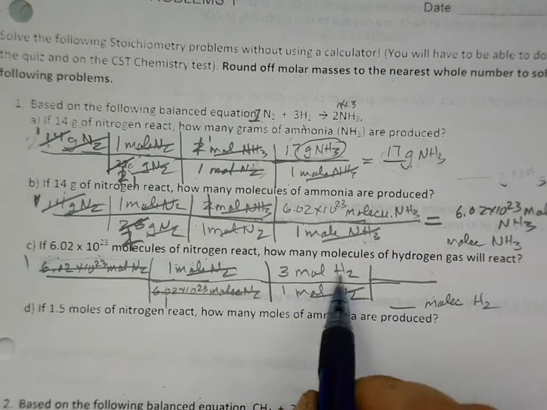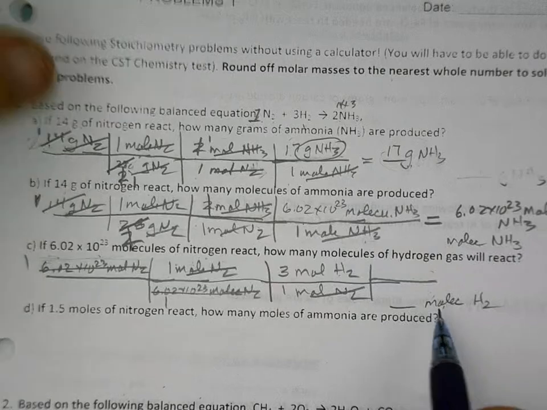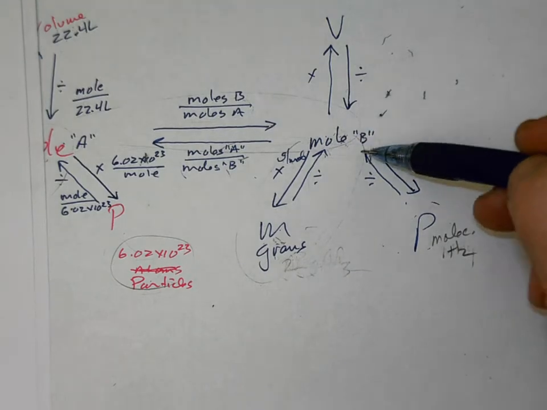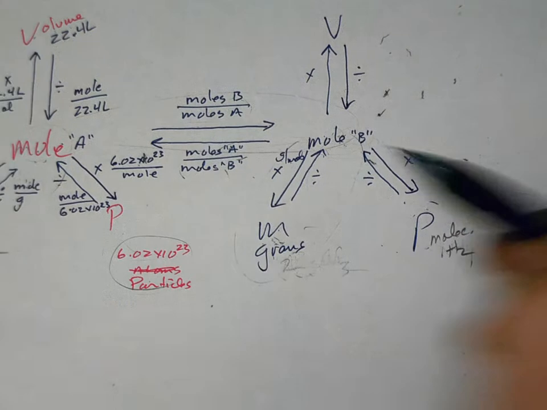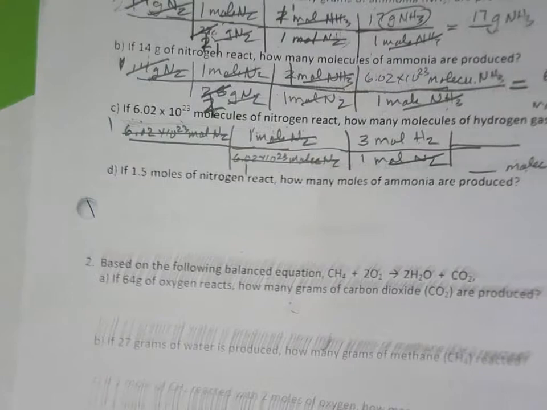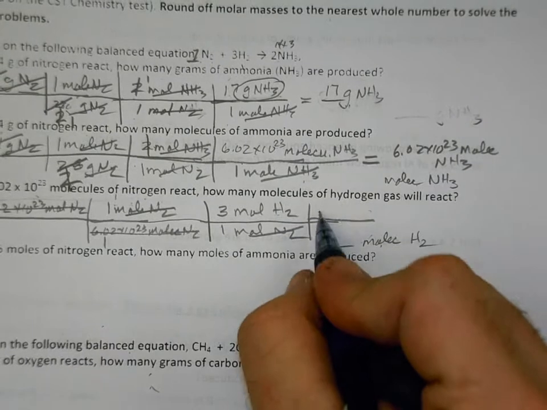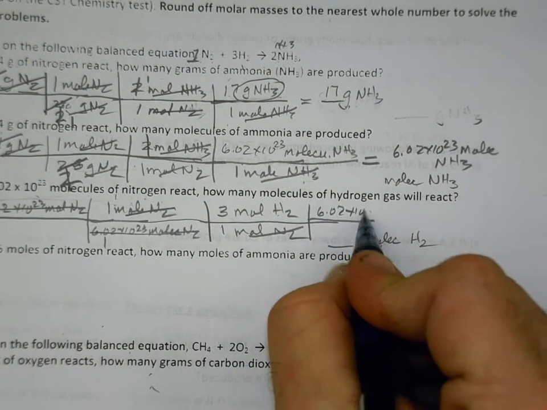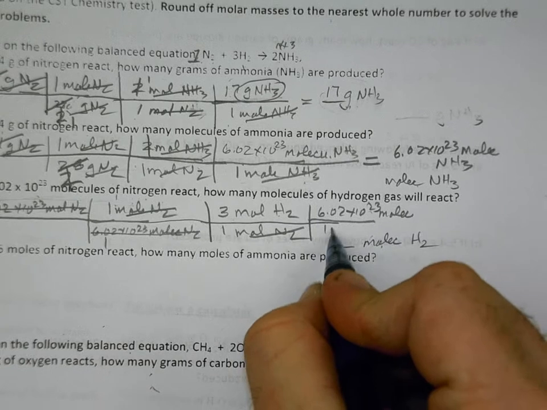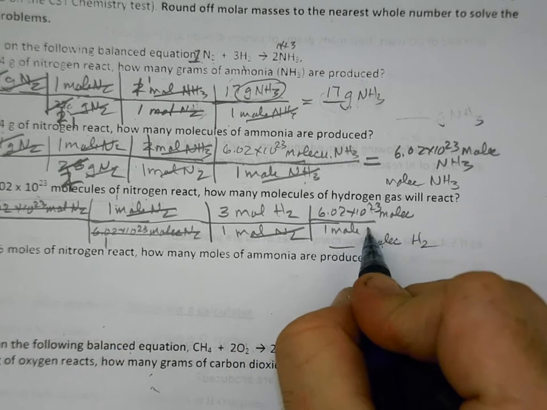We've got moles of hydrogen. We're looking for molecules. So in our conversion chart, in our road chart, we're here at moles. We need to go to particles. And when you go to particles, you multiply by 6.02 times 10 to the 23. So 6.02 times 10 to the 23 molecules in 1 mole of H2.